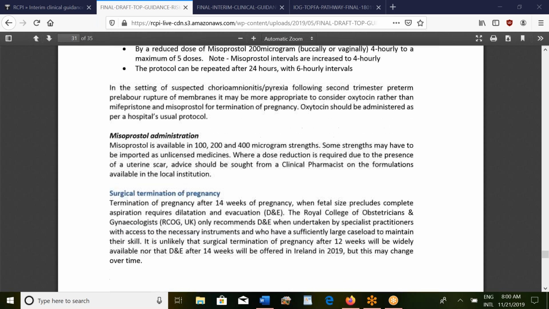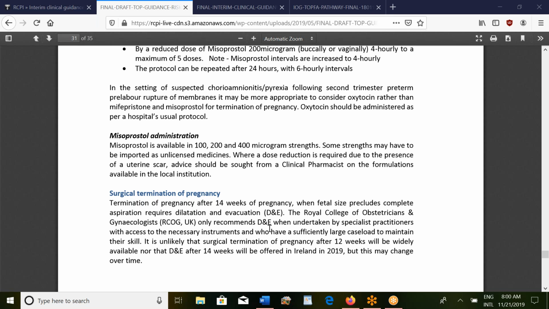Don't have to worry. So if you are going to do this ERPC, you are offering surgical termination of pregnancy up to 14 weeks. Like the patient is 13 plus 6, you can do ERPC. At 14 weeks, it will become dilatation and evacuation. So just pay attention to the gestational age.